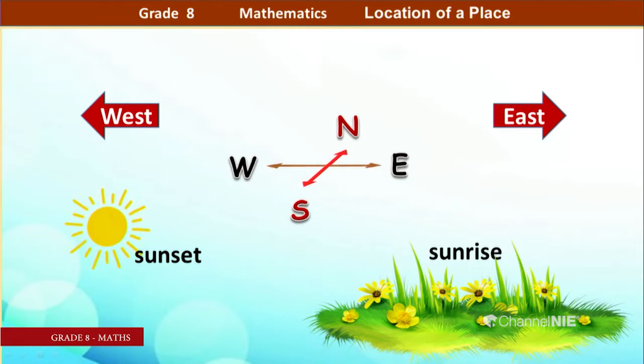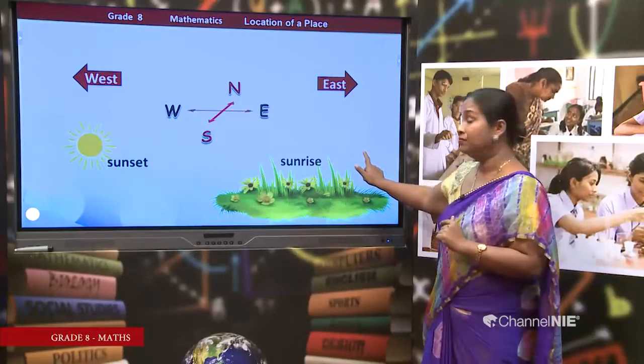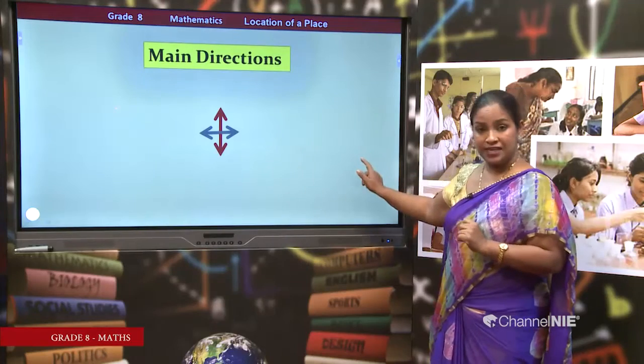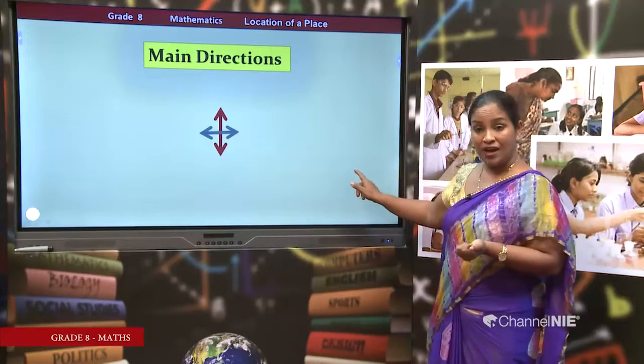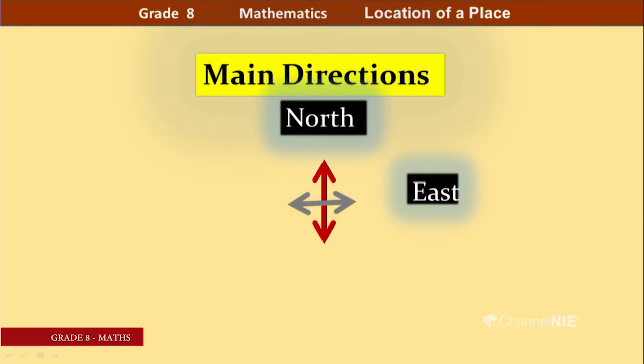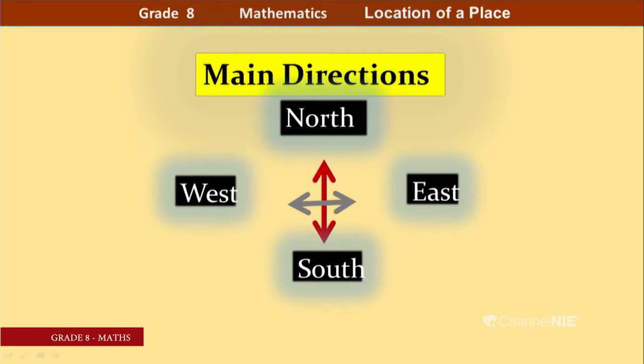So, you are aware of the basic or main 4 directions. Shall we write them in a diagram? Main directions, who are they? Read it with me. North, east, south, west. Those are the main 4 directions.